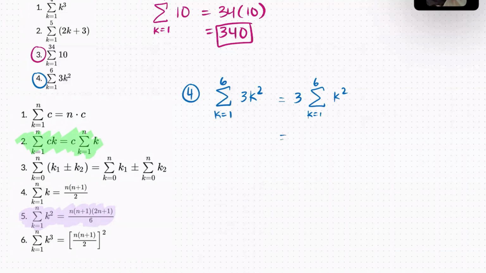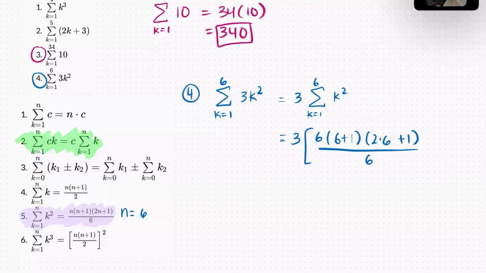So this becomes 3 times, note our n is equal to 6. So this becomes 6 times 6 plus 1, times 2 times 6 plus 1, divided by 6. That's just filling in the formula. This 6 and this 6 on the bottom are just part of the formula already.